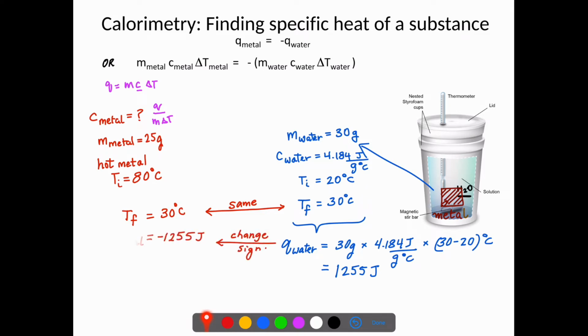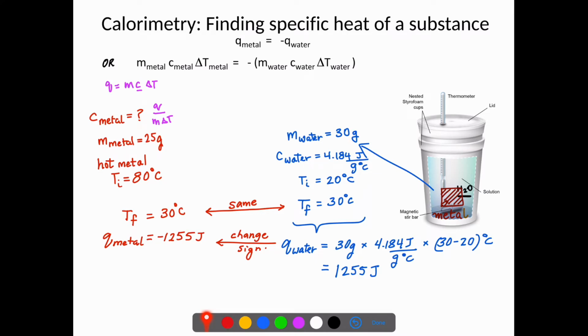So we can say Q metal is the same as Q water, but with the opposite sign, because if water is absorbing heat, metal is releasing heat. So Q metal will be the negative of Q water. That's the equation that I put there. It's important to change the sign because you always record Q along with the sign. Since metal is releasing heat, it's the same value but with opposite sign.